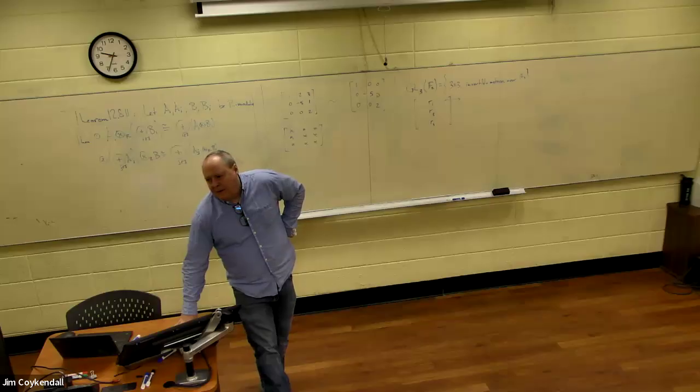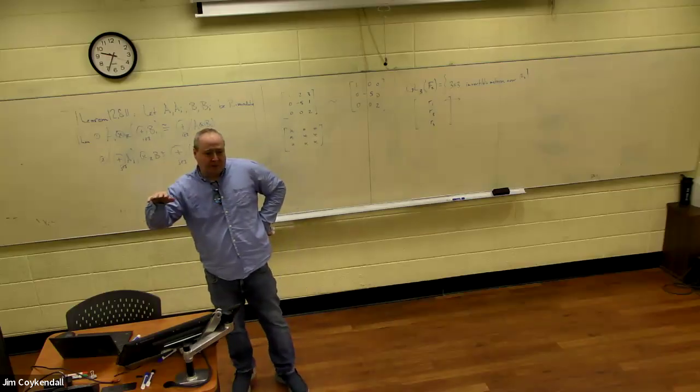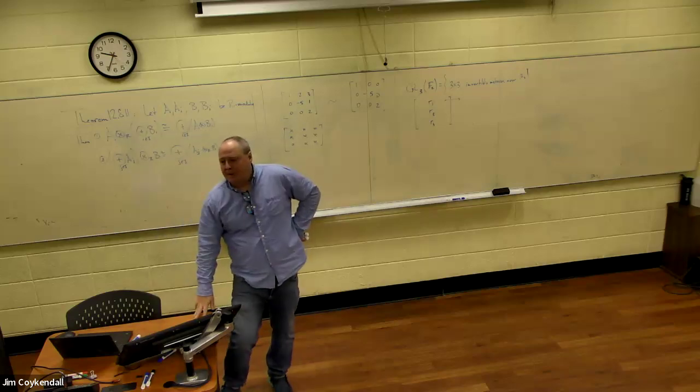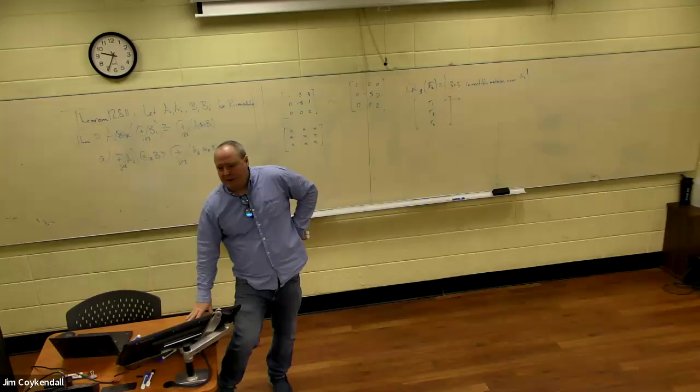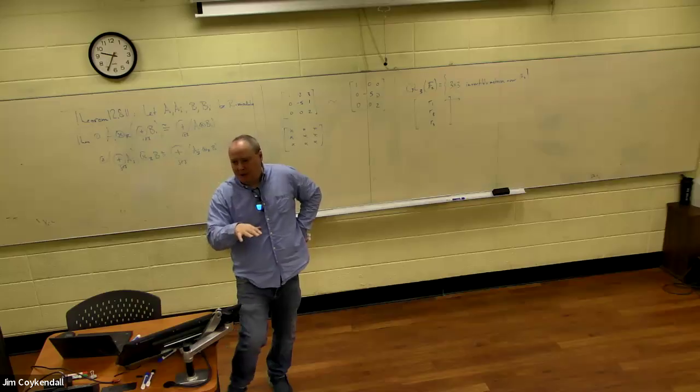The first row will have three entries, all of them from the field of two elements, either one or zero. How many ways do I have to fill that up? Eight. Everybody agree with that? Two choices for each. But there's one choice I can't use: zeros across the board, because then the determinant is zero and I'm dead in the water.